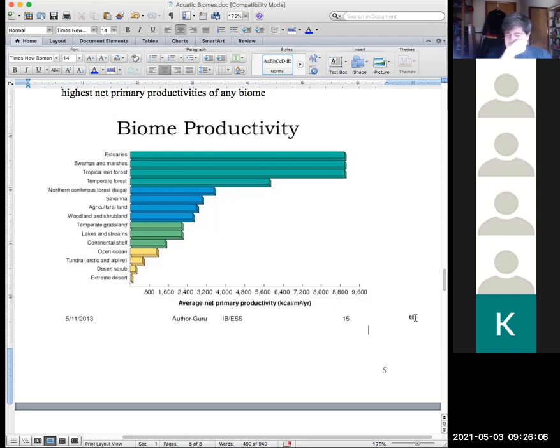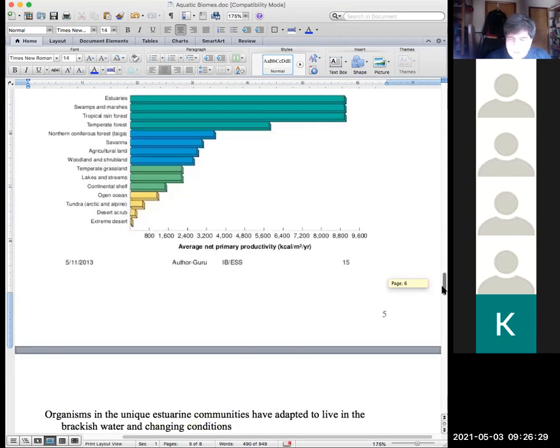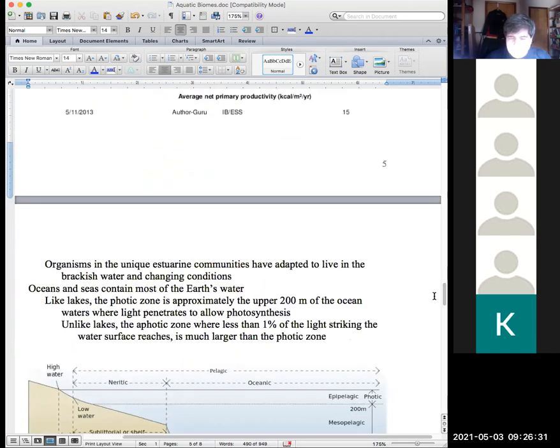And by doing this, this allows us to compare something like deserts, which might occupy a lot more land space than estuaries do, but which are less productive, because this is how much productivity do you get out of 1 square meter for 1 year. So we always have to think about that when we do things mathematically, is equalizing what we're comparing.